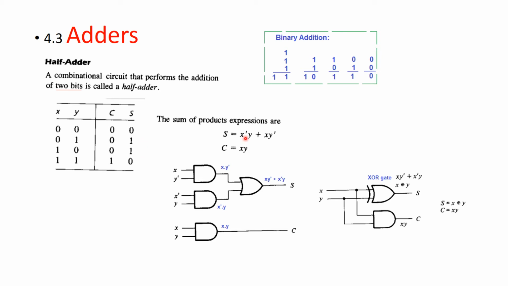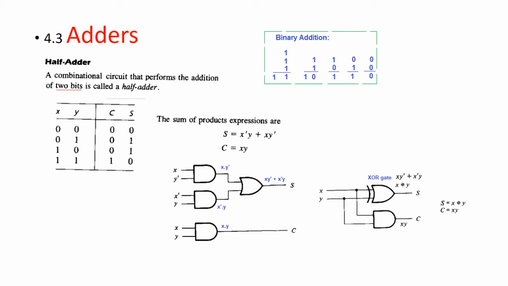So in this function, you see here X dash and this is Y, that means 0 and 1, and here it is 1 and 0. So we can represent this by an XOR gate.